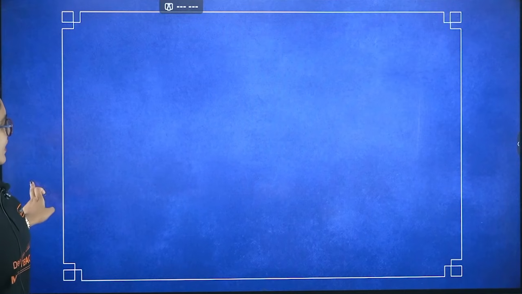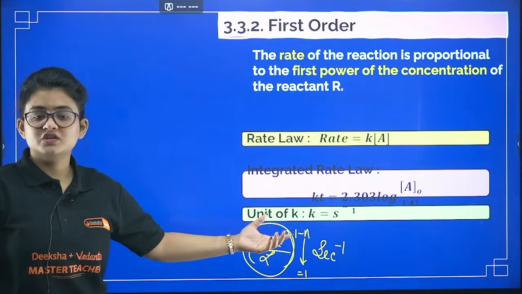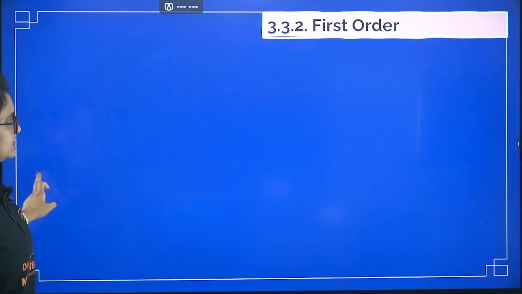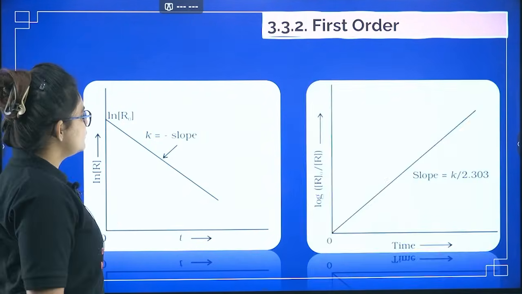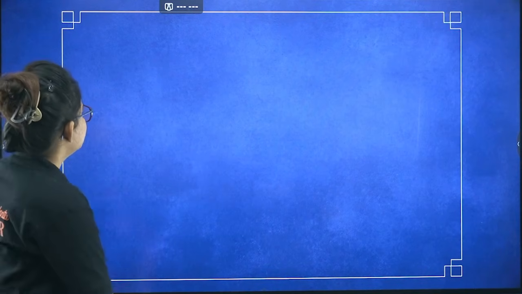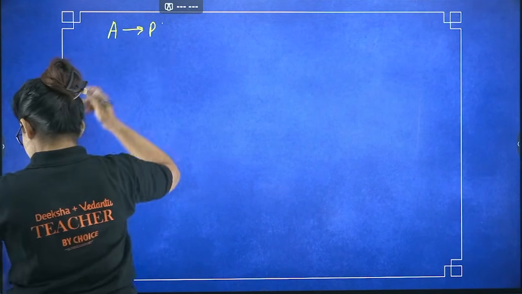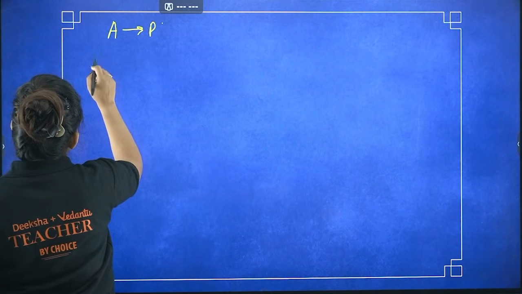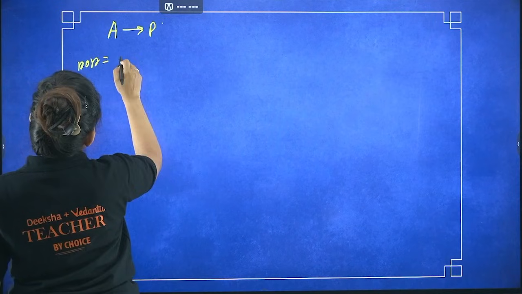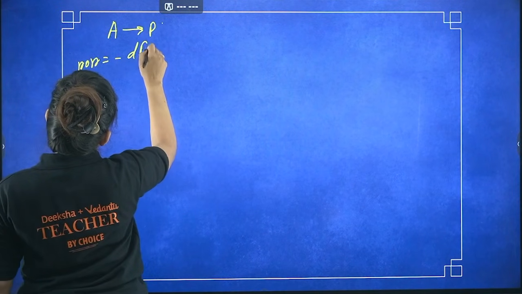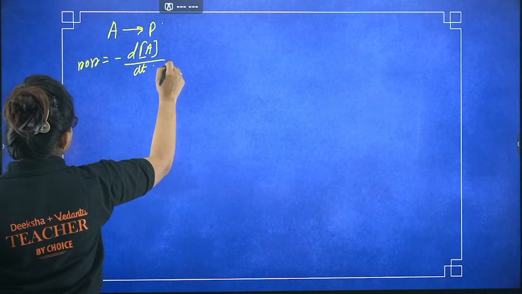Okay, let's derive how the integrated rate equation comes, and then we will come up with the graph as well. So let's do it one by one. Again I will proceed with A gives product. Now the rate of reaction can be written as minus d of A by dt, and this is equation 1.